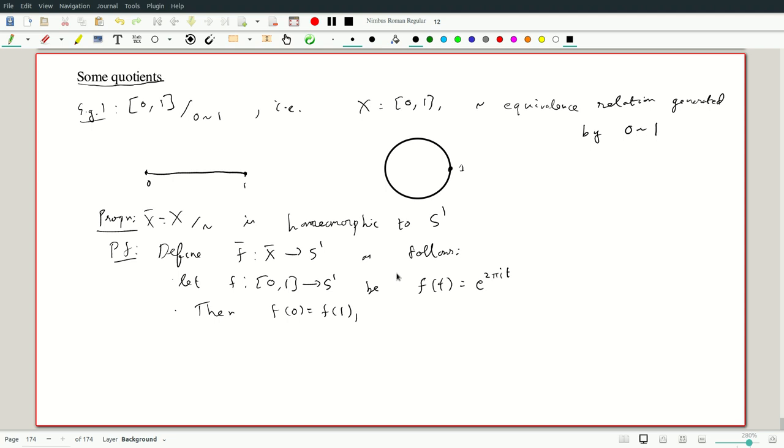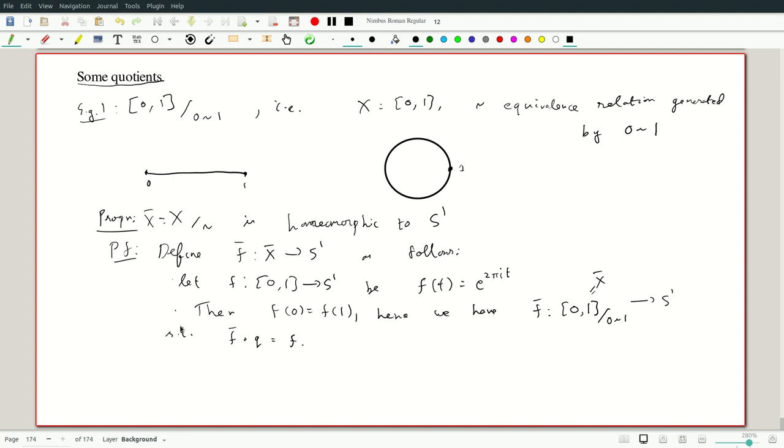Okay, so this is 0 is equal to 1. Hence, we have f bar mapping, I'm going to write it like this again, [0,1] by 0 tilde 1, this is what I called X bar, to S1, such that f bar composed with q is f.